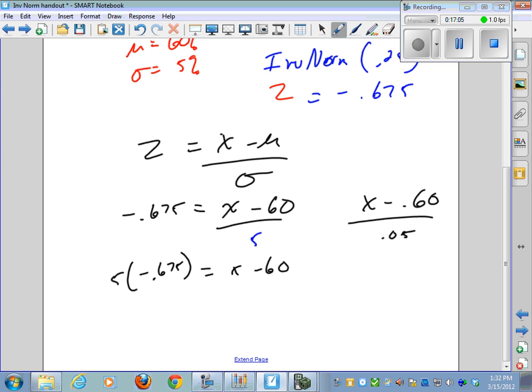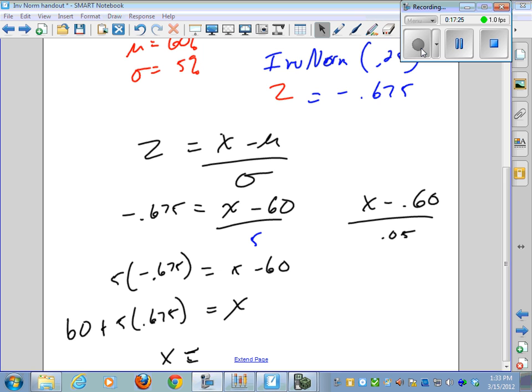We're almost there. And then I take this minus 60 and add it to the other side. So it's going to be 60 plus 5 times minus 0.675. I know it's hard. 5 times negative 0.675, and I'm going to add that to 60.